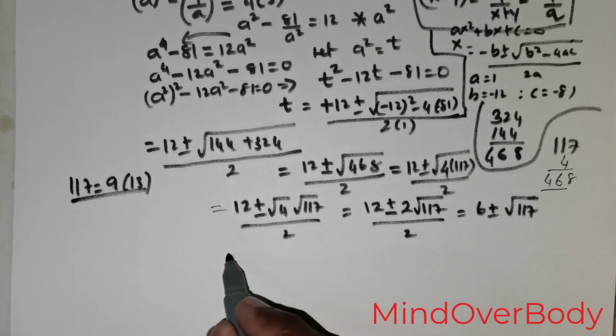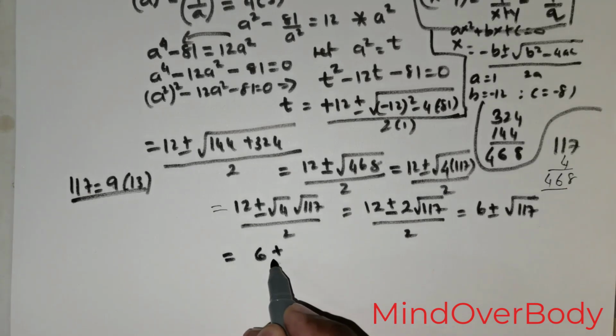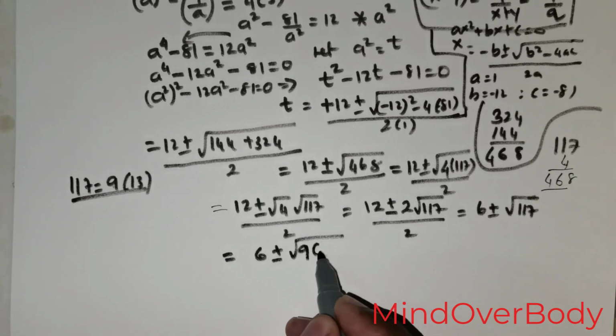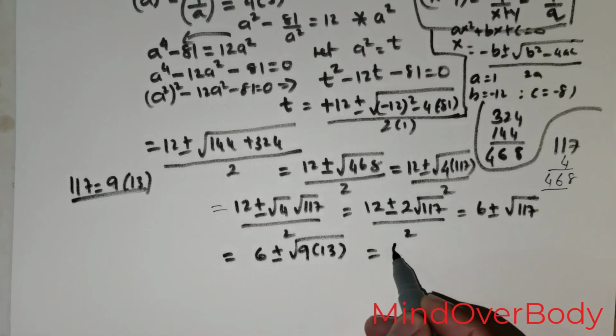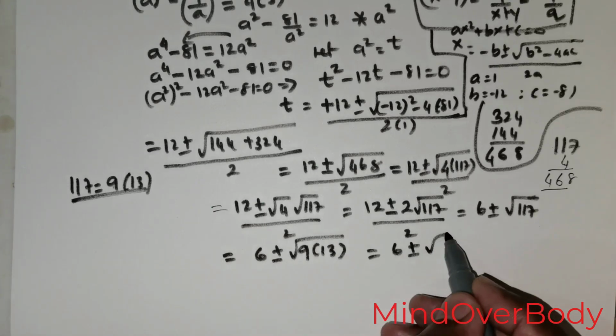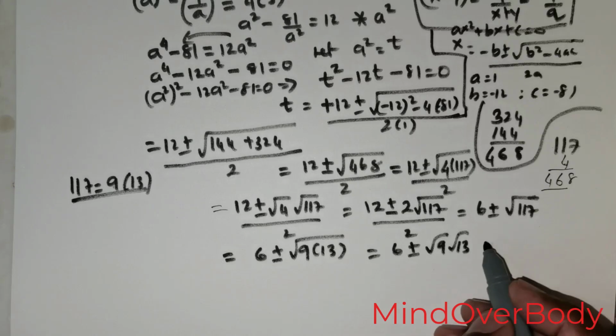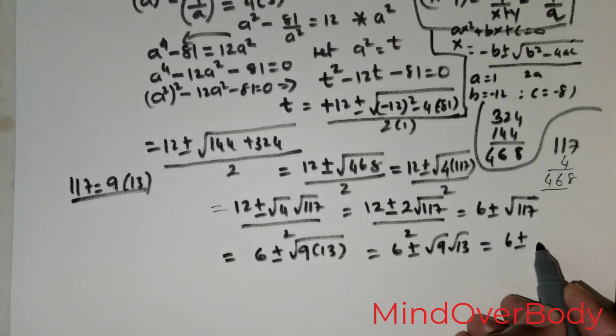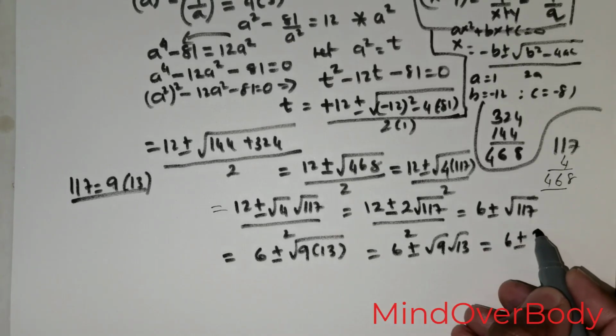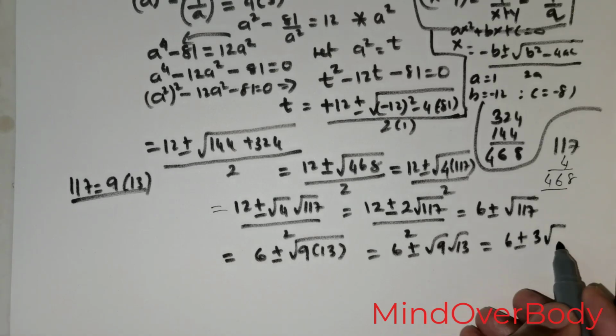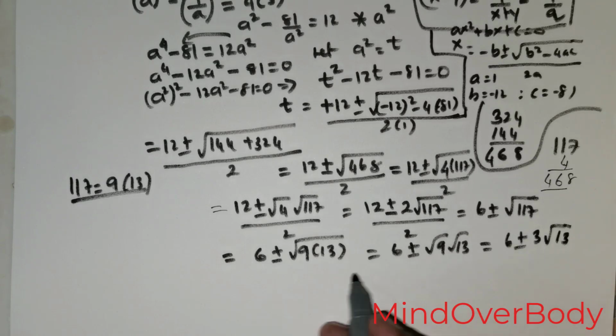So I'm going to rewrite this as 6 plus or minus square root of 9 times 13, which can be rewritten as 6 plus or minus root of 9 times root of 13, which is rewritten as 6 plus or minus, root of 9 is going to be 3, and that has to be followed by root 13.